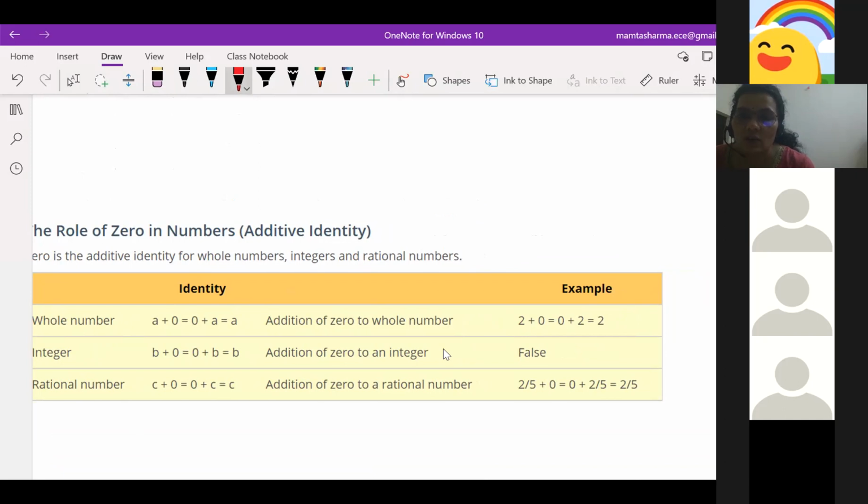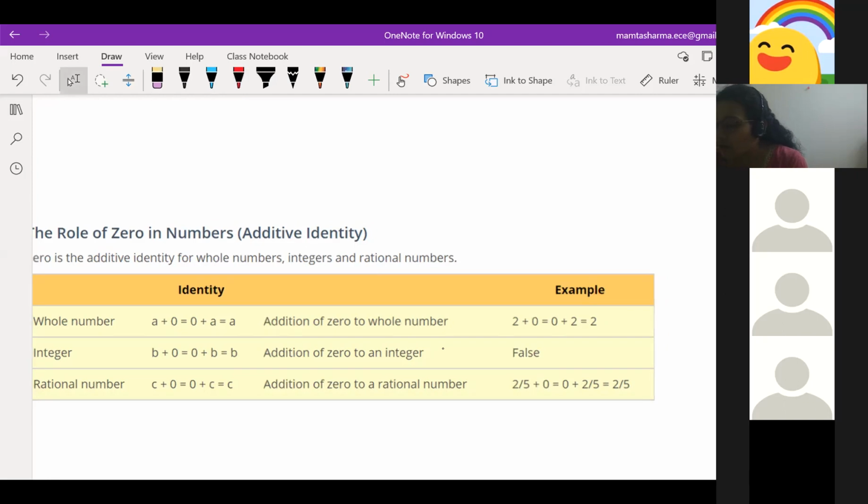If I add 0 to those chocolates, will the number change? No. If you have 10 cupcakes and I add 0 to that, will the number change? No. So we can say if we add 0 to any rational number, the number will remain the same.